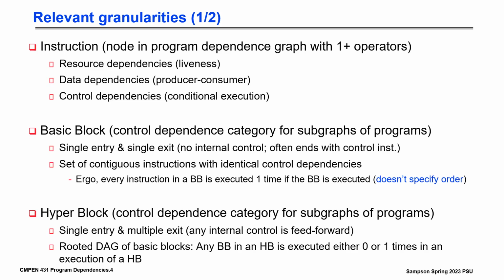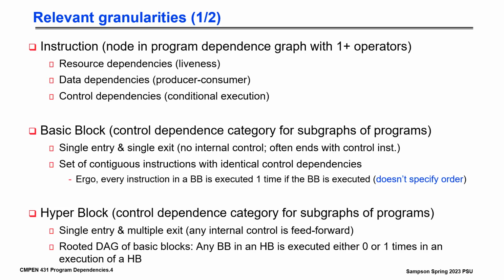So the next level of granularity that is of interest is a basic block. Right, so a basic block is a single entry, single exit run of instructions. So again, when we say a run of instructions, I'm presupposing some potentially unnecessary linearization, but without loss of generality. It is a contiguous set of co-control dependent instructions, right?